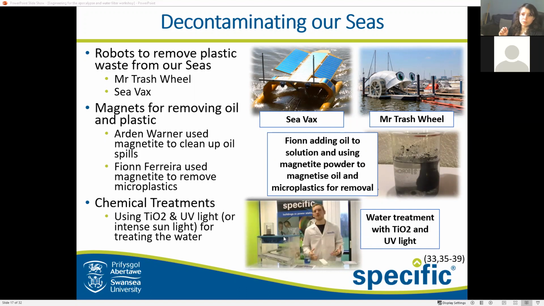So if you've eaten chicken nuggets, the reason they're white is because they're dyed with this stuff, so it's pretty safe. But in this case, it was used to remove pollutants from water when in the presence of UV light. So this could either be artificially or in natural sunlight, which enabled it to be used in developing countries, hopefully. In this example, the titanium dioxide is coated onto a glass fiber sheet.